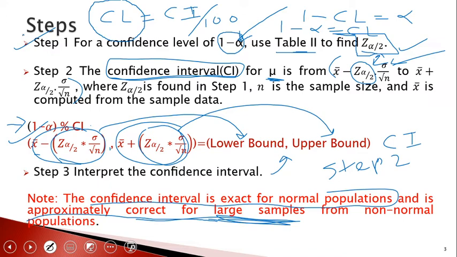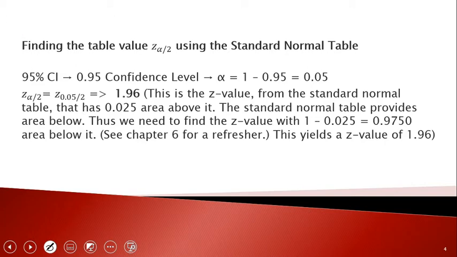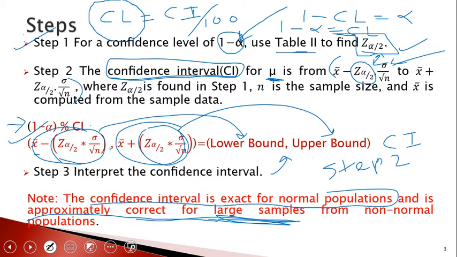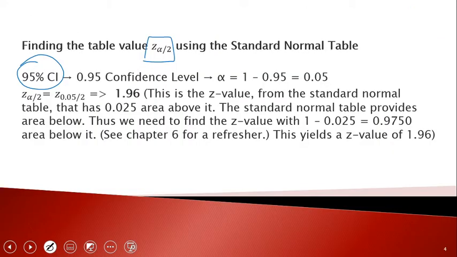Okay, let's see how we calculate this. First, you need Z alpha over 2 by using your standard normal table. How do we get that? They will give you the confidence level.